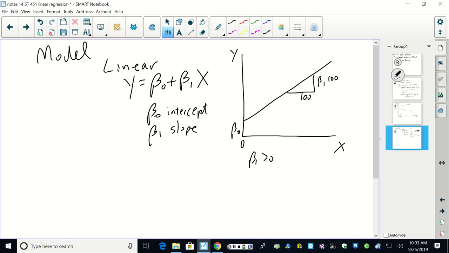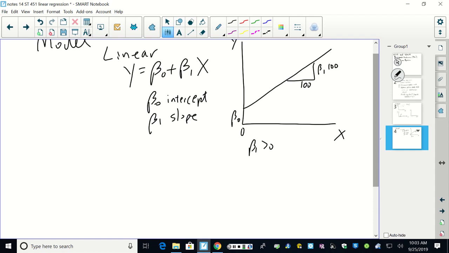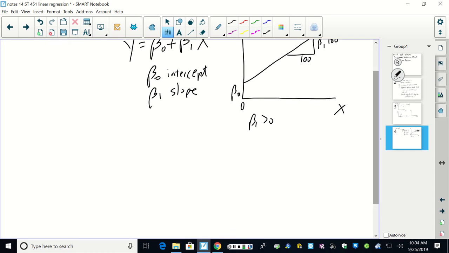But our data points aren't all going to be on the line. They're off the line with some variability. And so we add that variability in here by adding a random vector. We consider the xi's as fixed. Right? Fixed numbers.